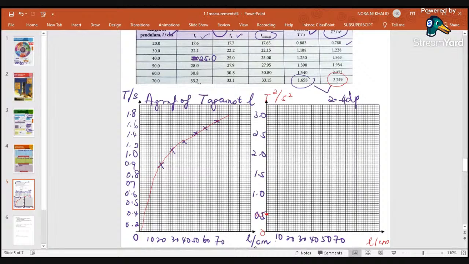Now we want to transfer the points. 20, 0.78.